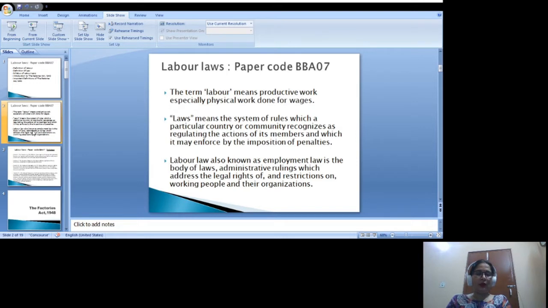It is the body of laws and administrative rulings which address the legal rights of and restrictions on working people and their organizations. Legal rights of working people are covered, as well as what restrictions can be imposed on working people and on the organization.